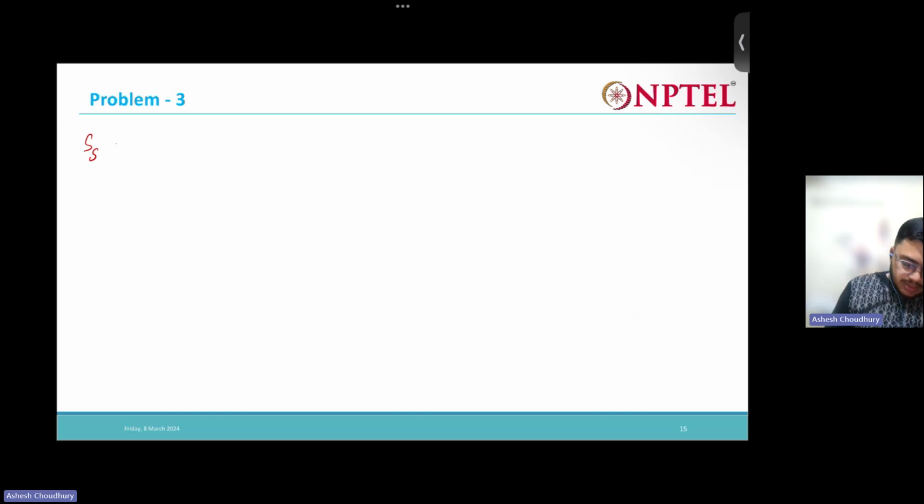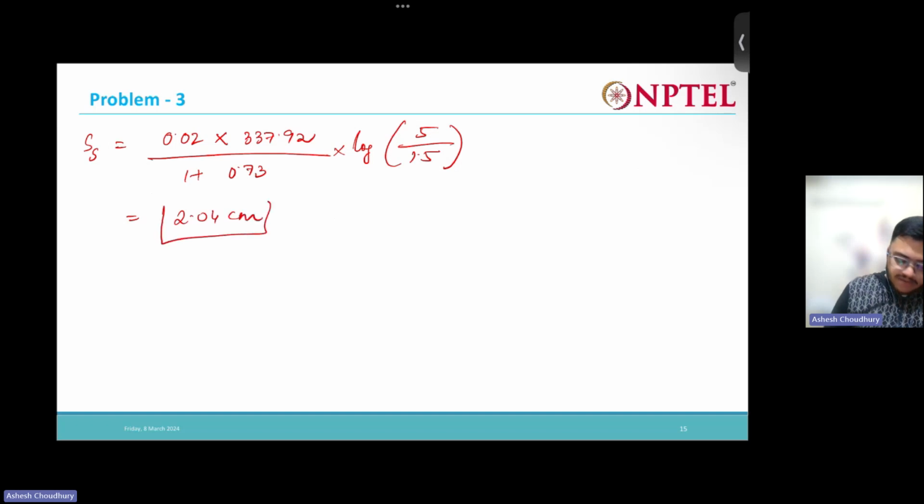Now we'll plug all those things into our equation. What is CS? CS is 0.02. H100 is 337.92, and 0.73 E100 into log of 5 years by 1.5 years. This will give us 2.04 centimeters, which is very small compared to the consolidation settlement occurring in 1.5 years.